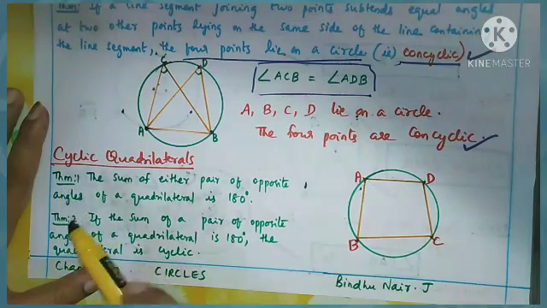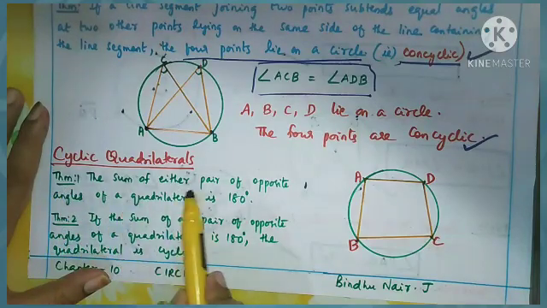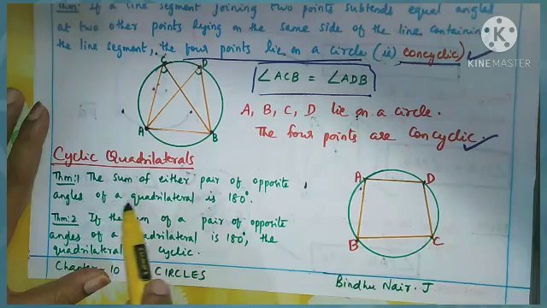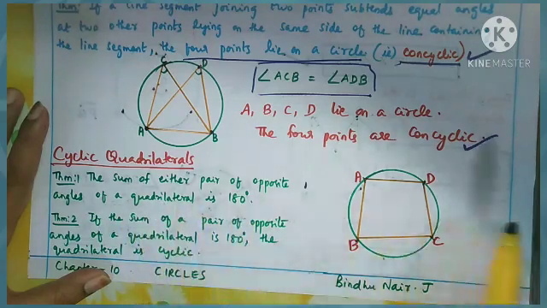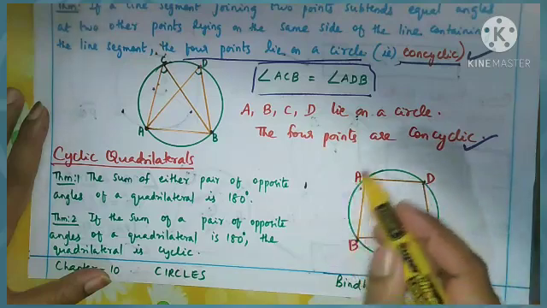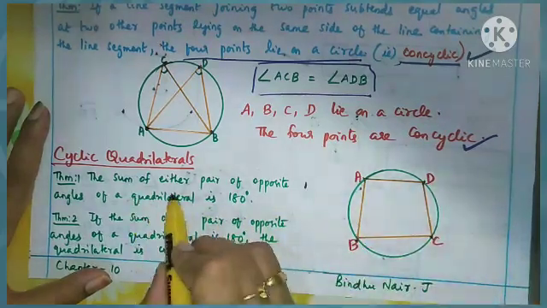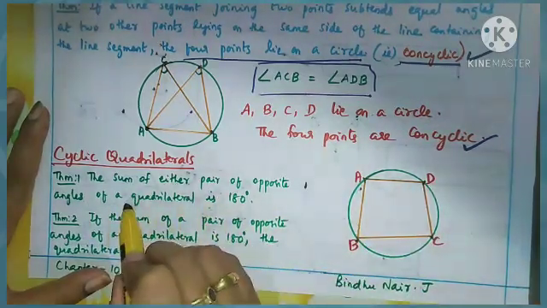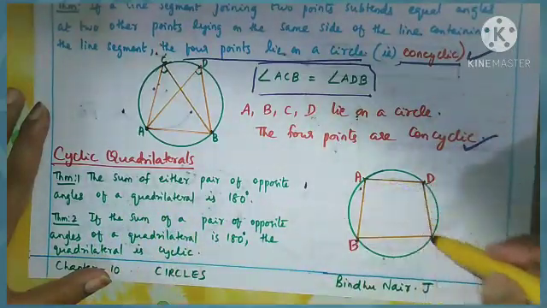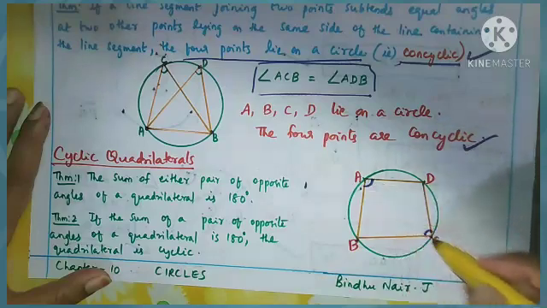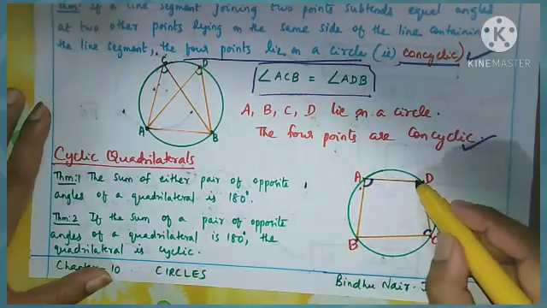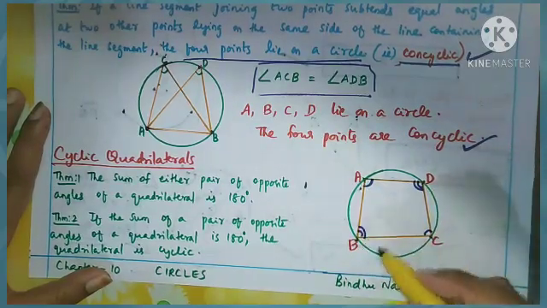The first one is, the sum of either pair of opposite angles of a cyclic quadrilateral is 180 degrees. What are the opposite angles here? A and C are opposite angles. Similarly, D and B are opposite angles.